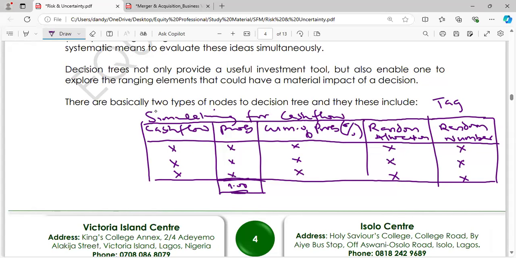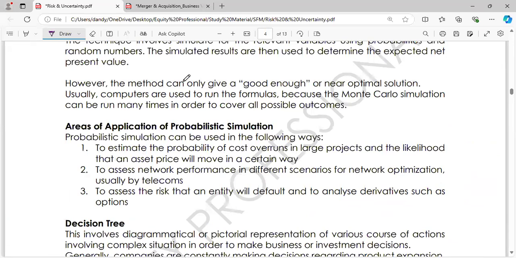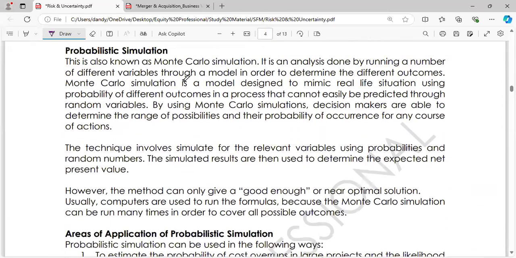So basically, simulation is very straightforward, only that you use a computer to run the random variables. Okay, so that's that. You can read more in your material to gain more knowledge on probabilistic or Monte Carlo simulation.